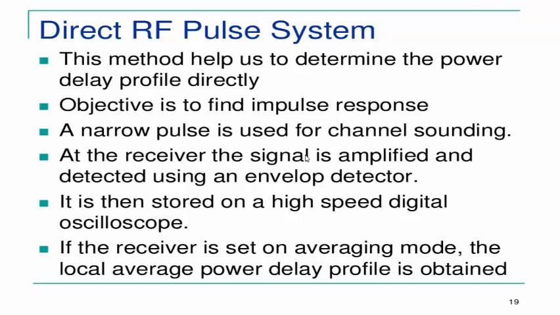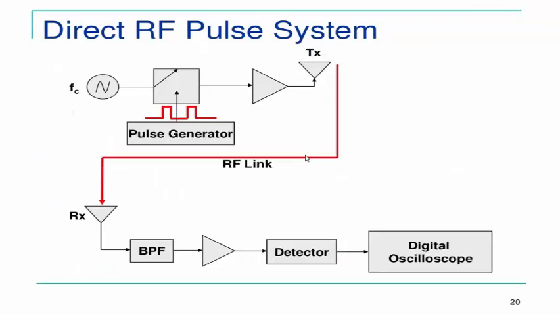In this technique, a narrow pulse is used for transmission, and at the receiver the signal is amplified and detected using an envelope detector, and then stored on a high speed oscilloscope to check the parameters of the channel. If the receiver is set on averaging mode, we can measure the local average power delay profile for that particular local area.